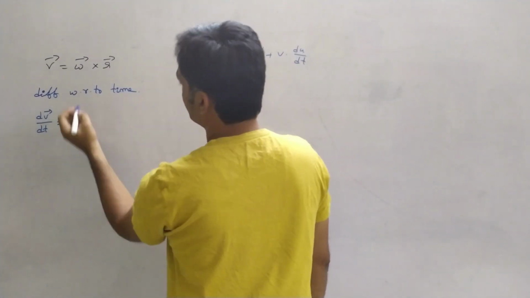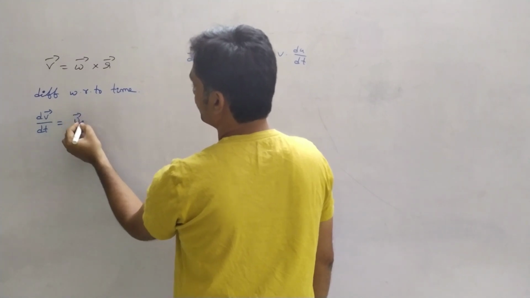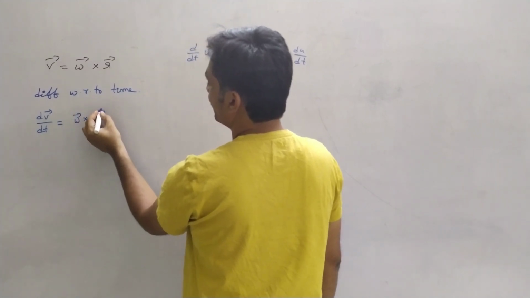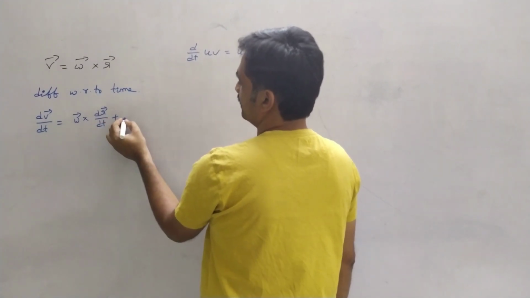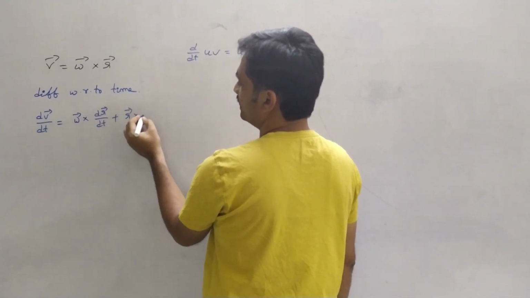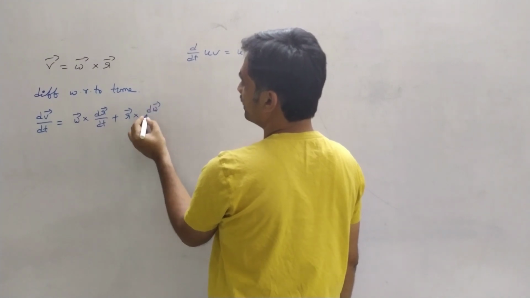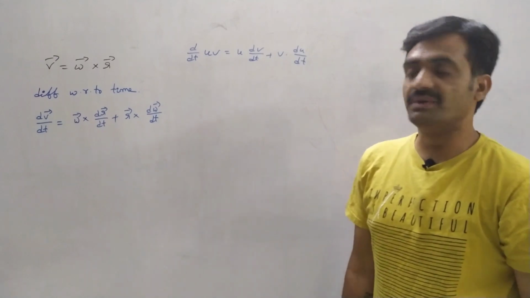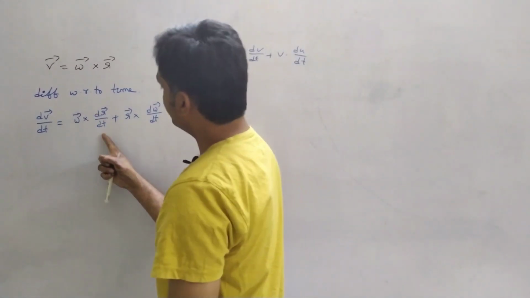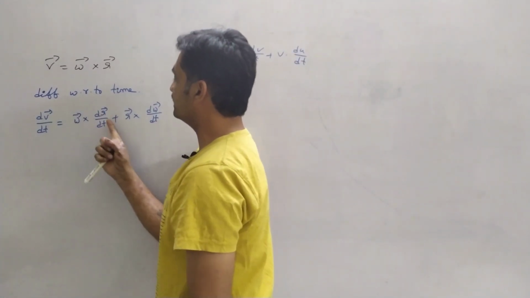As you observe, here u is omega bar cross dr by dt plus r bar cross d omega bar by dt. And here observe that rate of change of position is nothing but velocity.